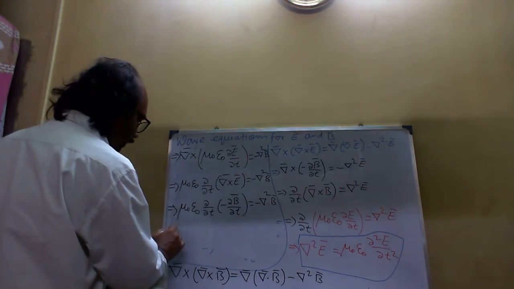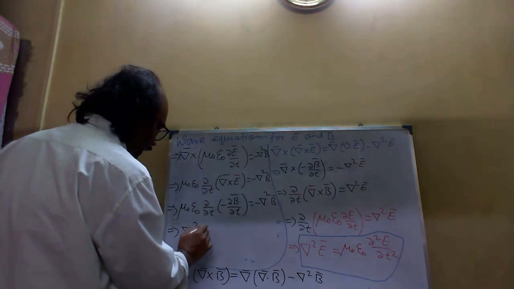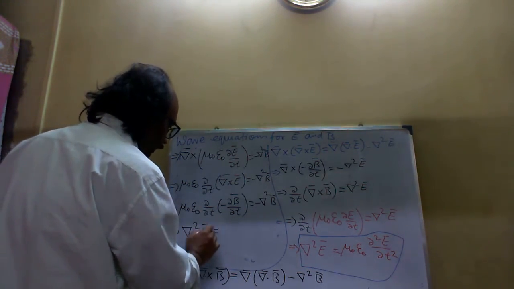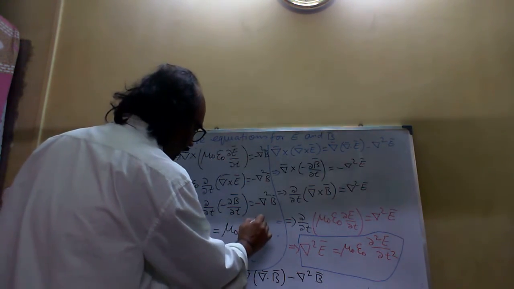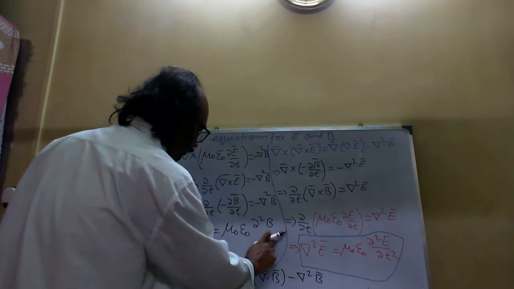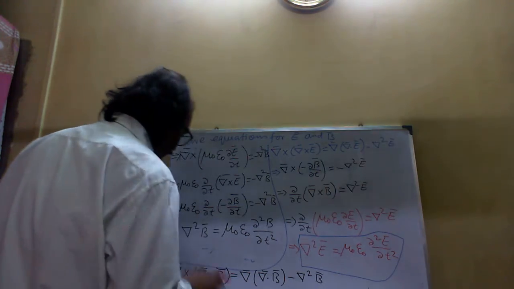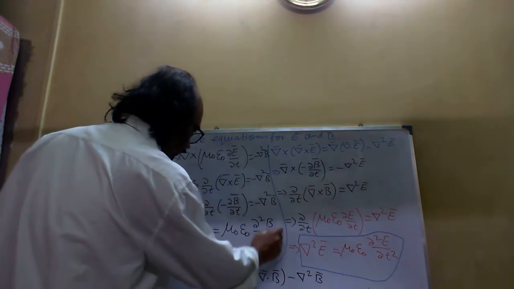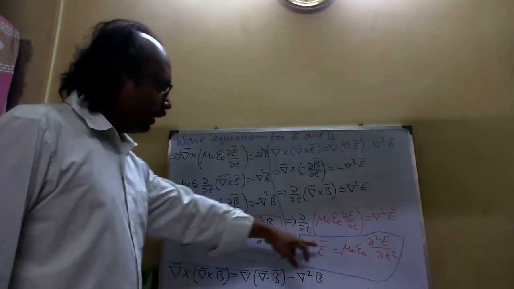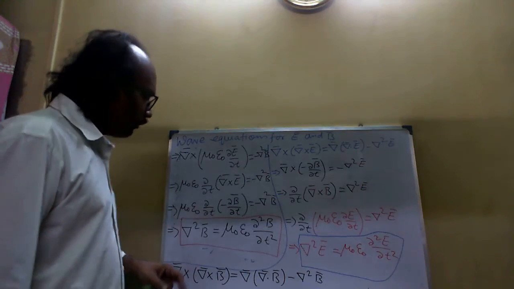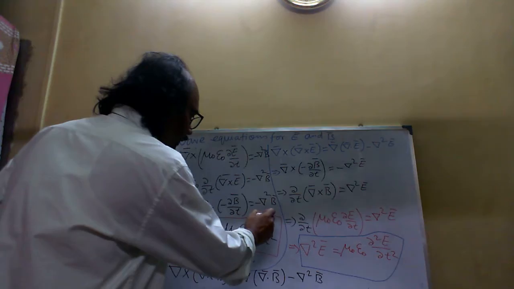Minus minus will cancel out, rearrange it, and we'll get del square B is equal to mu naught epsilon naught del square B by del t square. So very similar equations. Del square E is mu naught epsilon naught del square E by del t square, and del square B is equal to mu naught epsilon naught del square B by del t square.